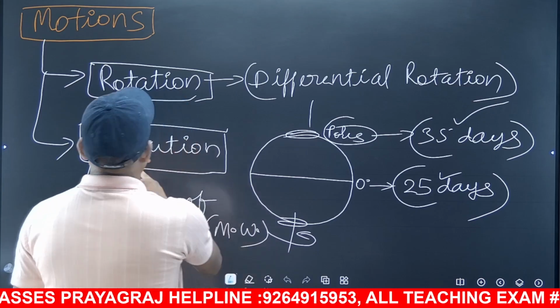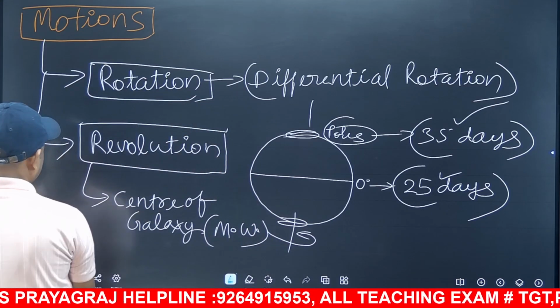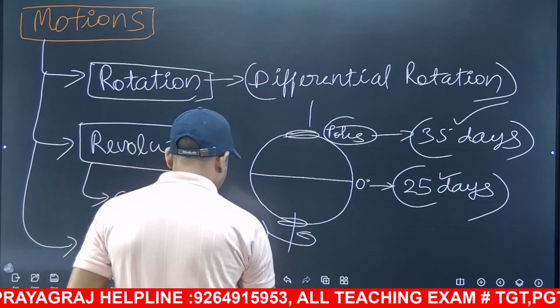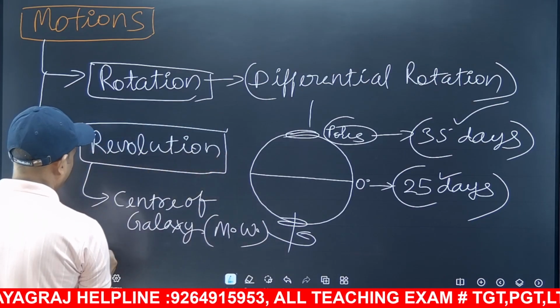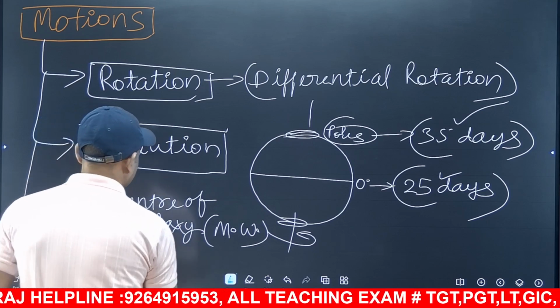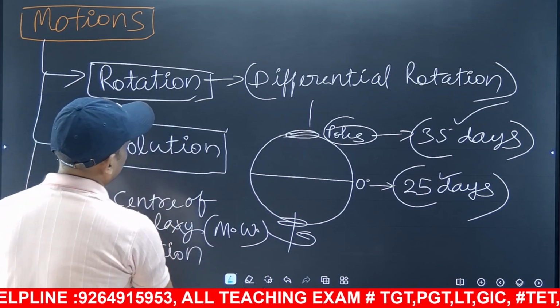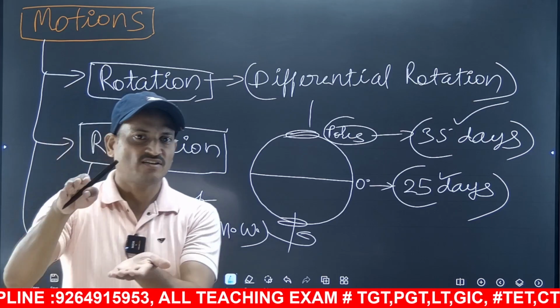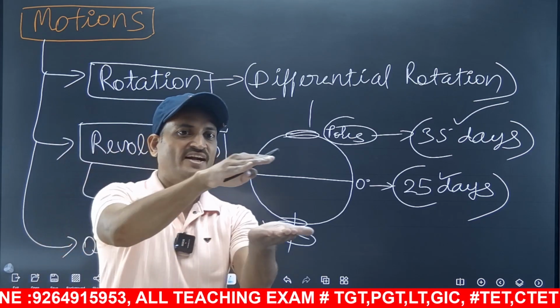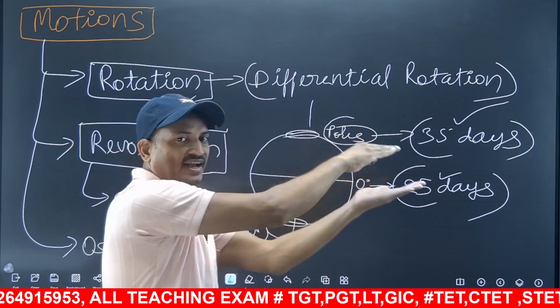Now, after revolution, there is another motion of the sun, that is oscillation or wobble. When the sun is revolving around the center of the galaxy, it is not revolving on a flat surface. It is revolving and wobbling.